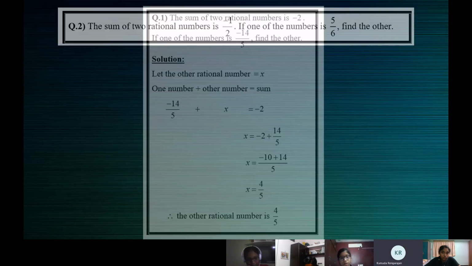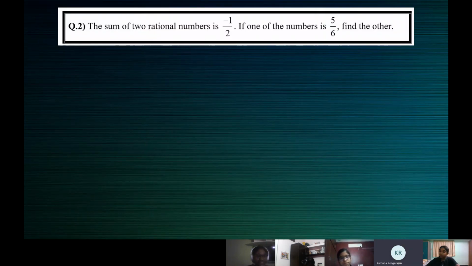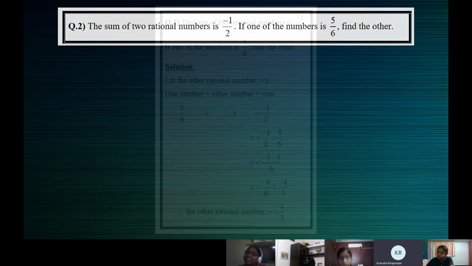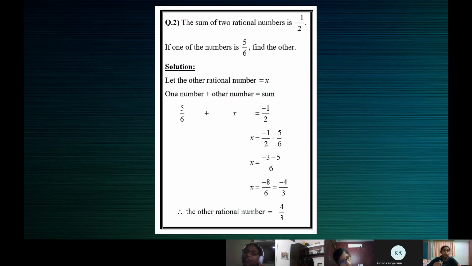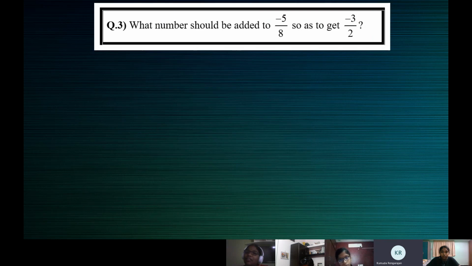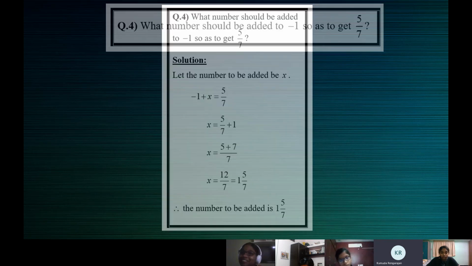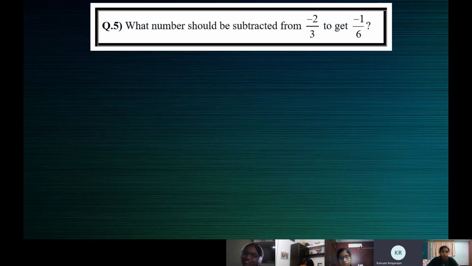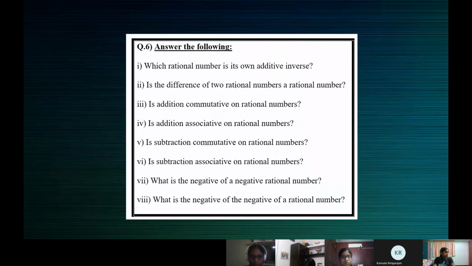We have also discussed this. Okay, the second one. So all this is over. Ma'am, the fifth one we have discussed in class itself. All right, so this was the homework given.